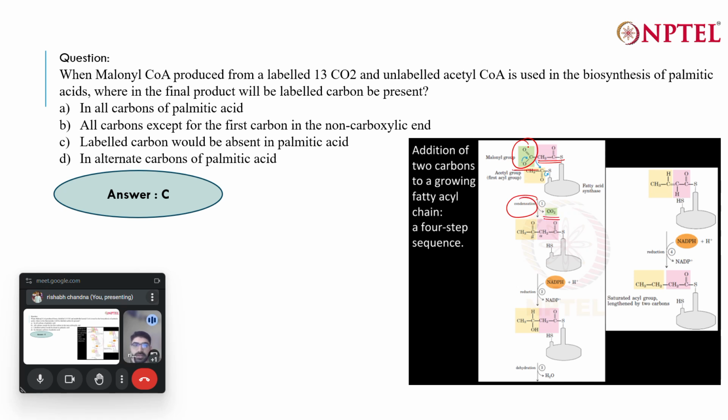So if this is labeled, it would be released as carbon dioxide, and the acetyl group is added to the malonyl group. So no labeled carbon would be present in the malonyl group after the condensation reaction.